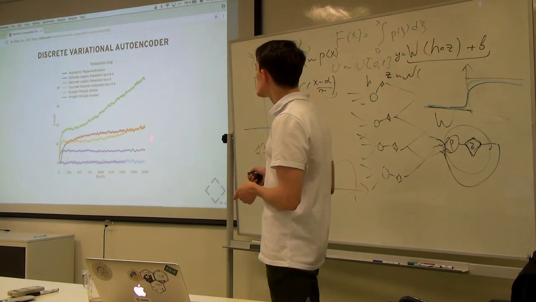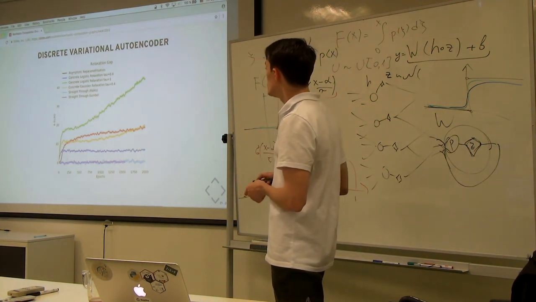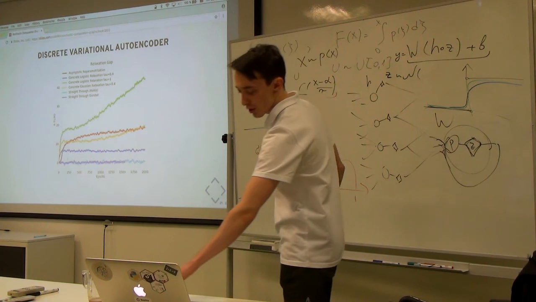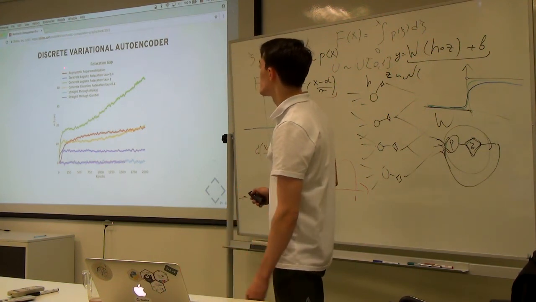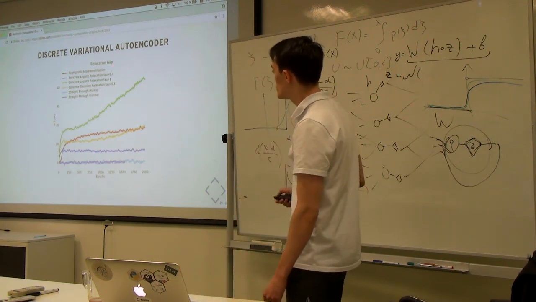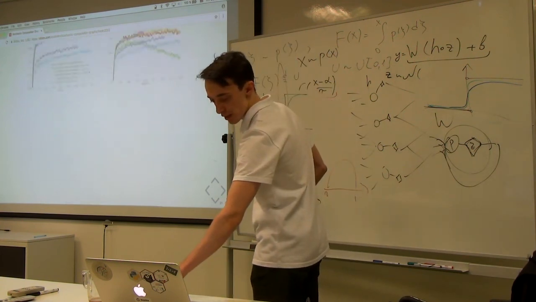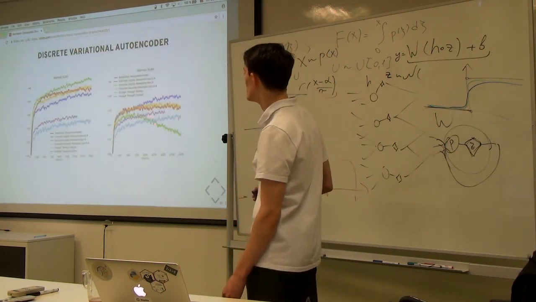Okay, so this plot shows that there is some interesting gap, and actually it shows that the asymptotic reparameterization I was talking about also does not seem to be superior to other methods.